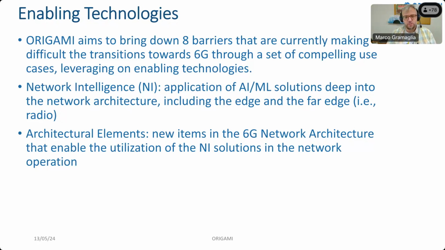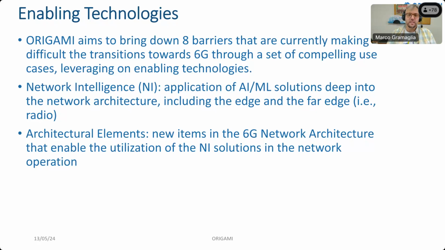Through this process, we are going to define new architectural elements. Currently, we identified 3 architectural elements that we are going to design. ZTL, Zero Trust Layer, is basically an extension of the exposure layer that we have between the operator and the service provider. CCL, Compute Continuum Layer, is an extended version of the virtualization solution towards the cloud that we currently have nowadays.